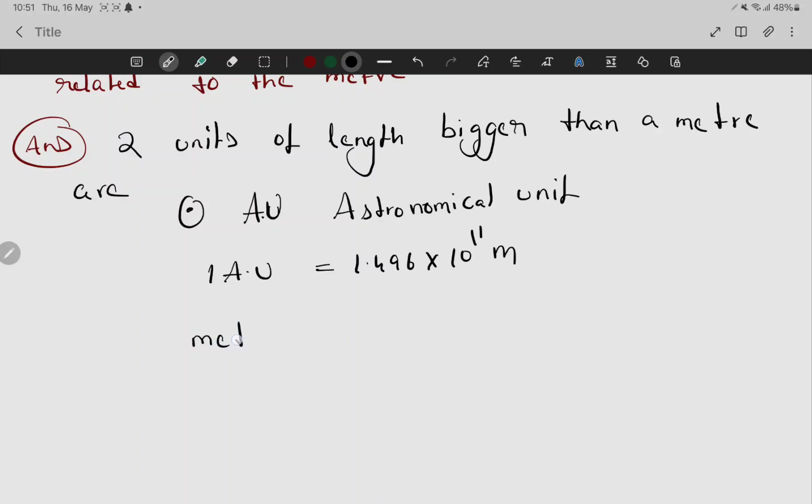The relationship between meter and kilometer is 1 kilometer is equal to 1000 meters, right? So these are the units bigger than a meter, and they are related.